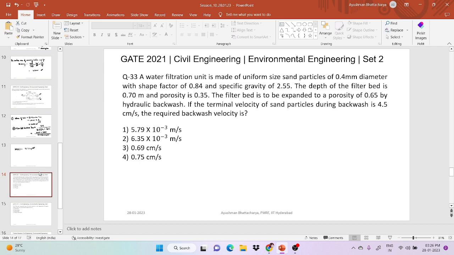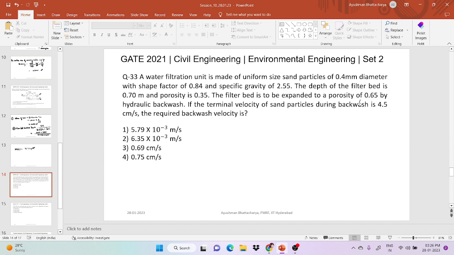If the terminal settling velocity of sand particle during backwash is 4.5 centimeter per second, the required backwash velocity is. So first of all, they have given the shape factor, the gravity, the depth of the filter bed, and the filter bed is to be expanded to a porosity of 0.65.